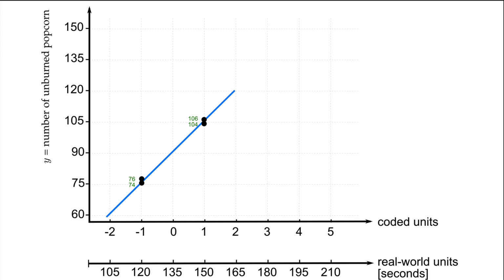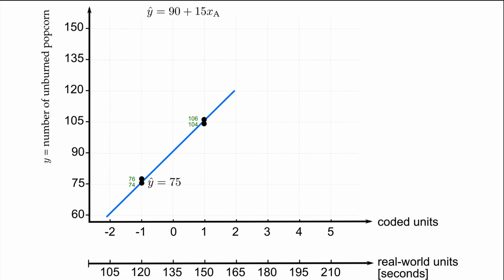So let's visualize this. The actual experiments are shown here with black circles, and the prediction model is shown as a blue line. Notice at the low level in coded units of -1, the prediction is 75, and it corresponds closely to the experimental values of 74 and 76.